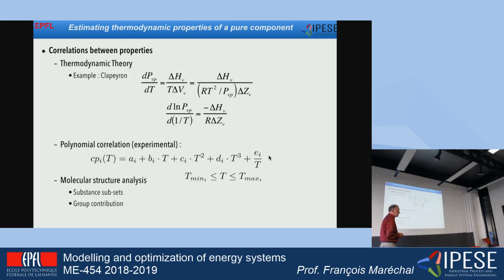There are, however, some difficulties related to this, which is that the number of compounds is more or less infinite. We know the very simple ones, so the oxygen, the hydrogen, the nitrogen, etc. But as soon as you try to characterize the CP of the gasoline, for example, that you have in your tank, you will realize that inside your tank you have not a single molecule, you have a collection of molecules.